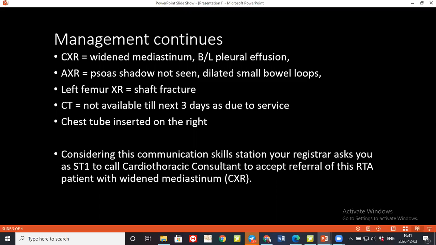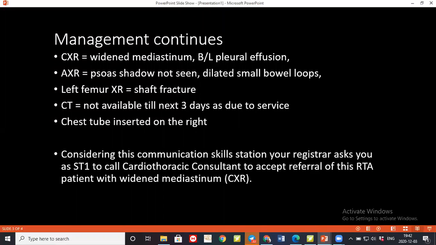Okay, so doctor, would you want to do a CT scan of the chest and abdomen? Yes, we would have done that, but unfortunately, CT is not functional at this time, and it's expected that it won't be functional for the next 3 days. So we're thinking we shouldn't be delaying the transfer, and that can be done at your center.